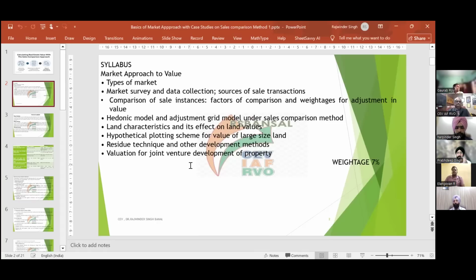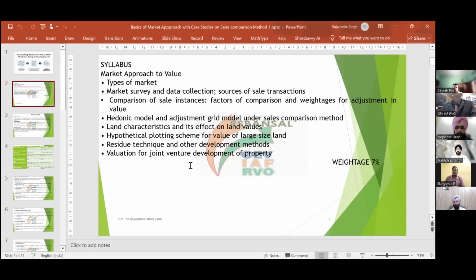As in the case of a large chunk of land, where you cannot directly apply the same market approach which you can apply to smaller plots. Then that method is hypothetical plotting scheme method. This method is used for large size land. Next is residual technique and other development methods.